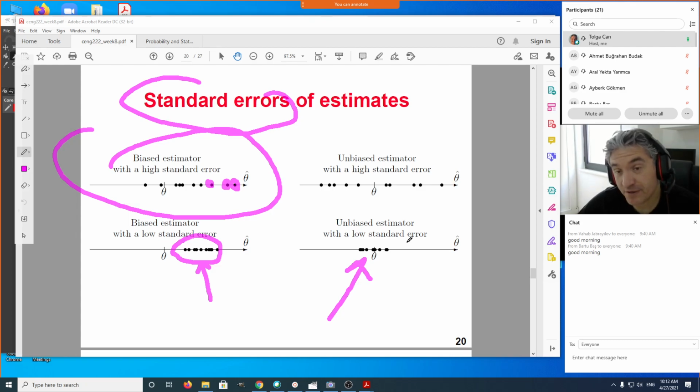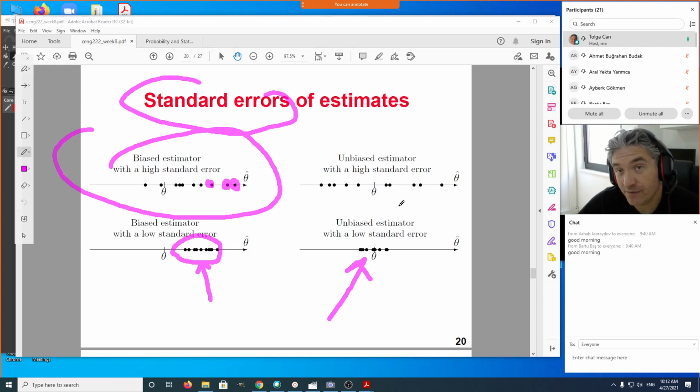If the estimator is consistent, the standard error will decrease as n gets larger, and we will have a low standard error for theta hat. If its expected value is theta, then all the statistics we compute for these different samples will be clustered around theta. So this is our ideal estimator. This is how we want our estimators to look.